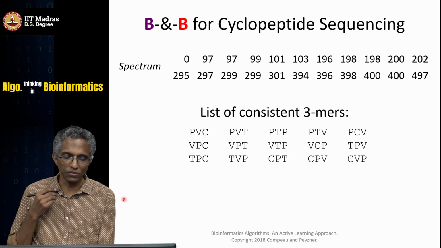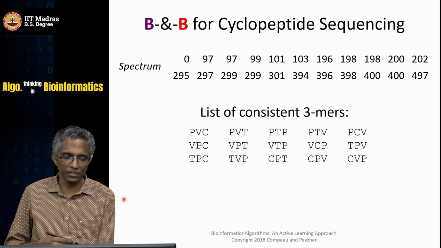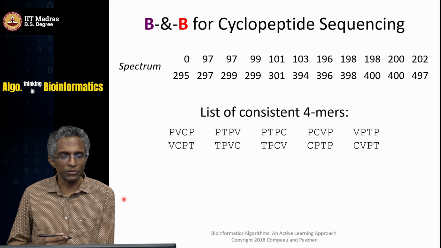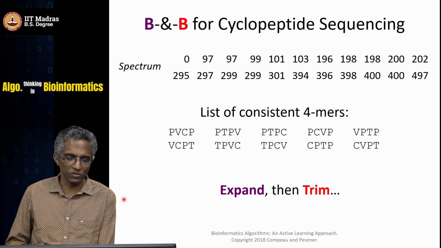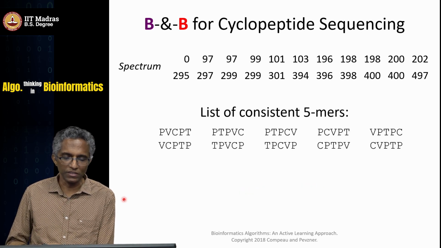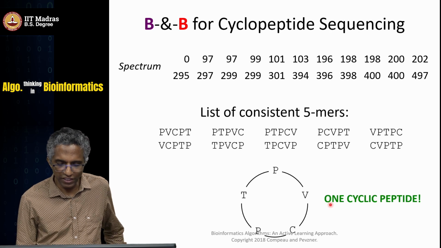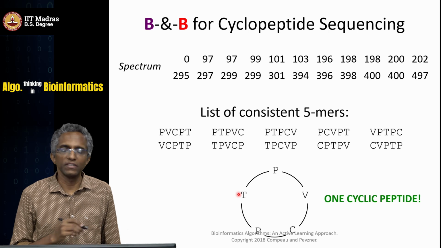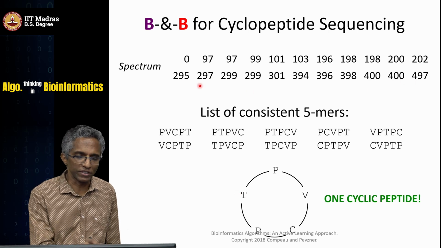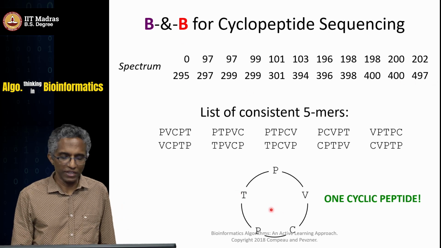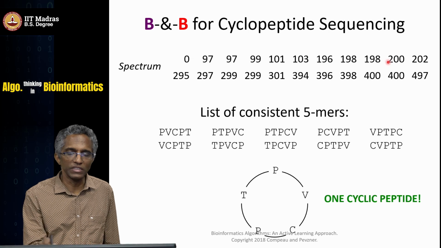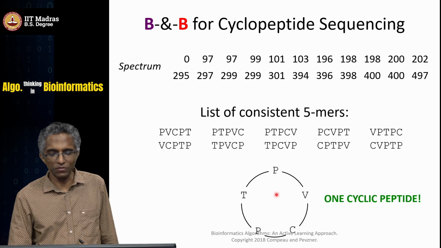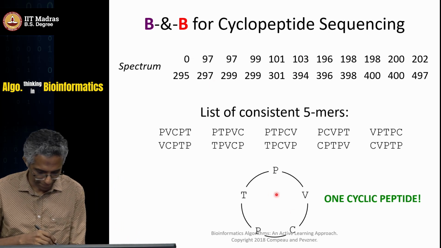And so you will have a list of consistent 3-mers that are shown here, and then extended by 1 more, and then you have the 4-mers that are shown here, and so on until you get this list of 5-mers. And this cyclic peptide, PVCPT, is exactly the one whose theoretical spectrum matches the input spectrum, okay? And now you are done, because all of these entries match different substrings of this one cyclic peptide.